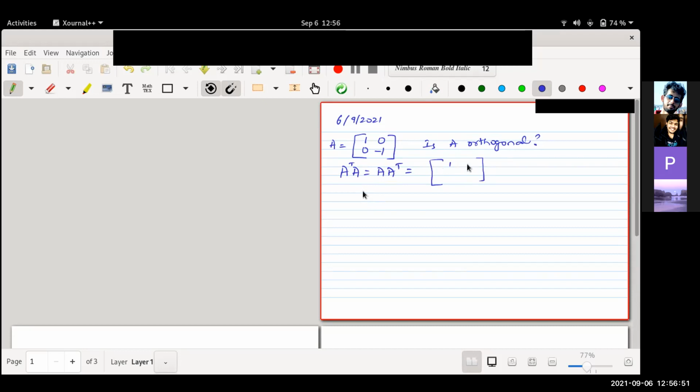If you multiply it, what will you get? The same, yes, +1, -1, sorry. If you have a diagonal matrix, if you transpose, it won't change. You will get the same. So A is an orthogonal matrix. Do you accept?